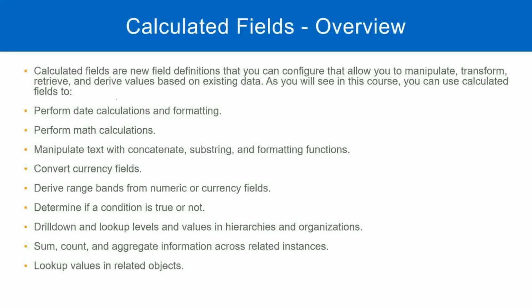So, depending on the years of experience of the worker, you want to categorize that into some bands. So we will be able to create range bands from a numeric or currency. We can determine if a condition is true or not, right?